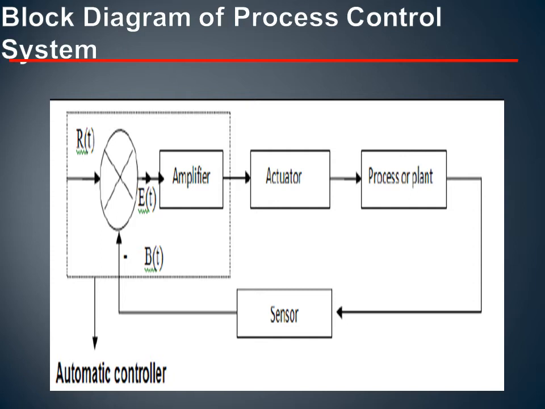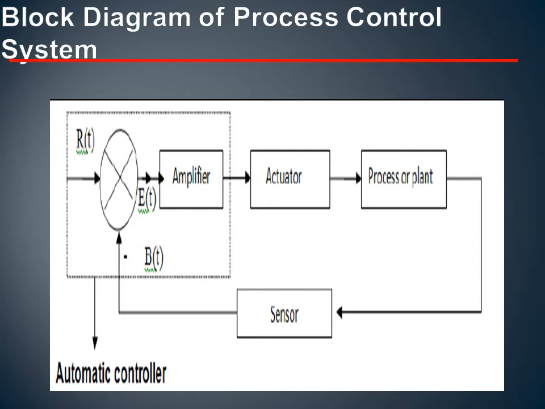Next is error detector. You can see it by the circle along with the cross sign. The error detector is summing or subtracting point whose output is an error signal, and the equation for the error signal is given by E(t) = R(t) ± B(t).